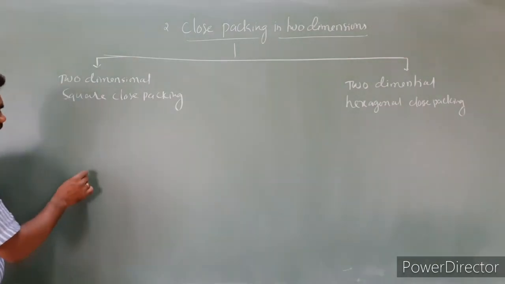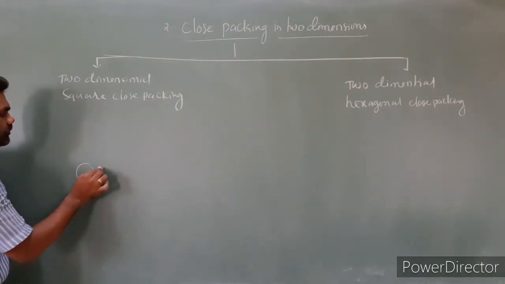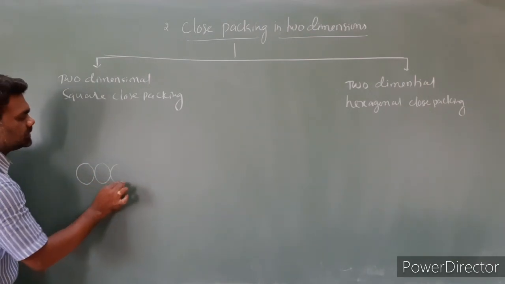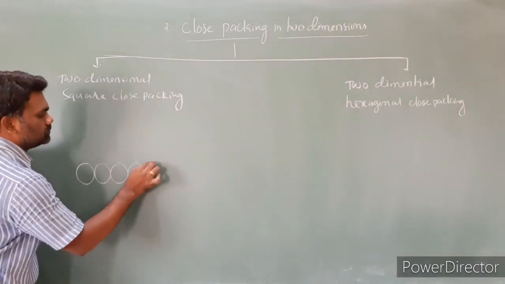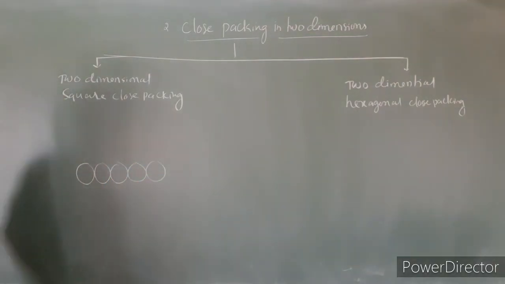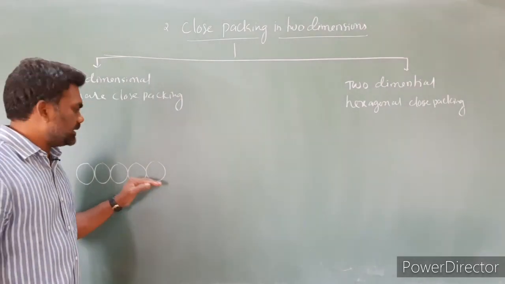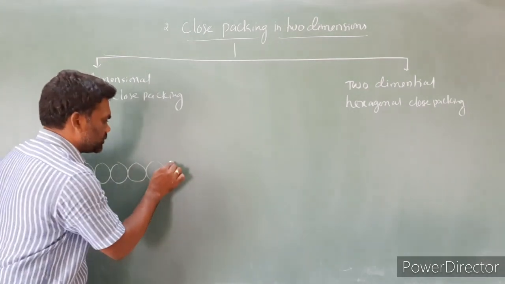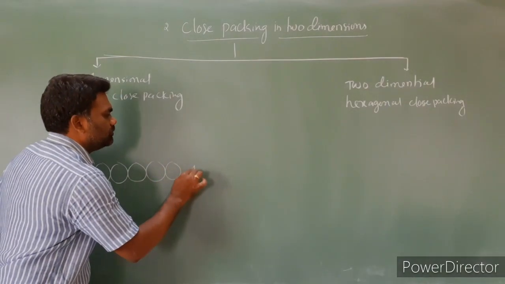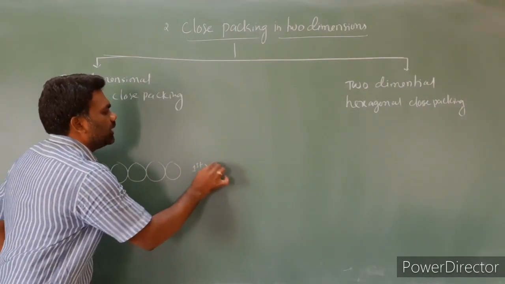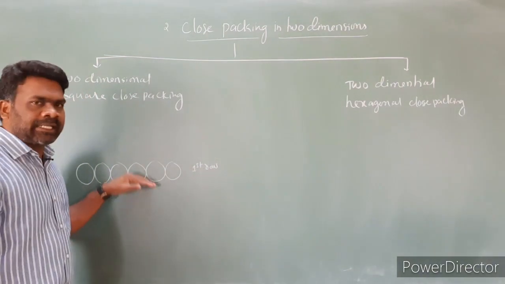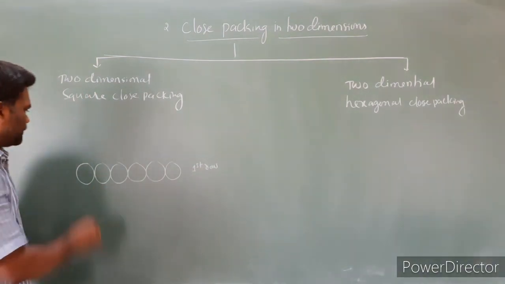The first one is two-dimensional square close packing. So first let us draw the spheres in one dimension. So this is the first row. Next, I am placing the second row exactly above the first row.